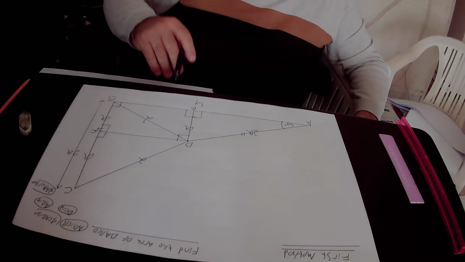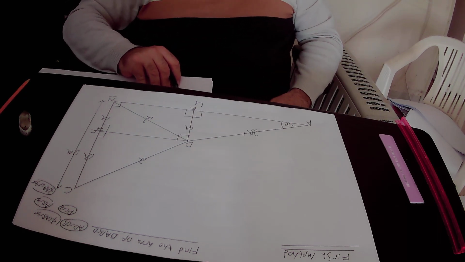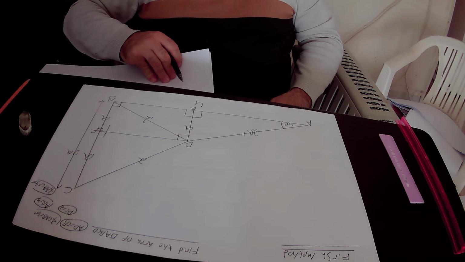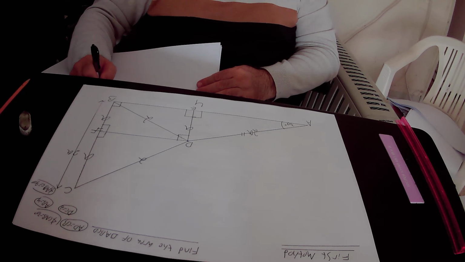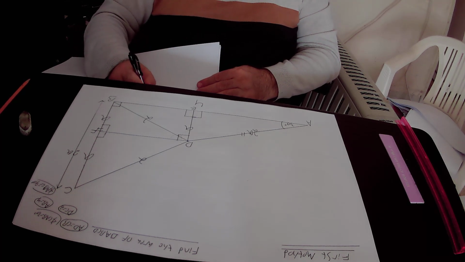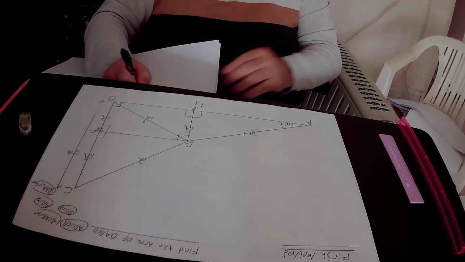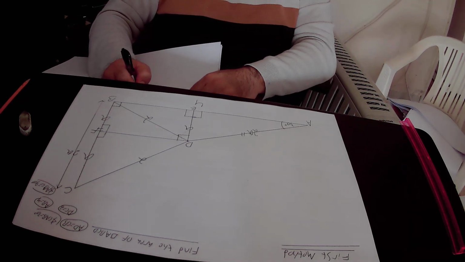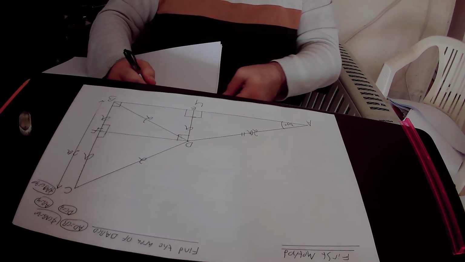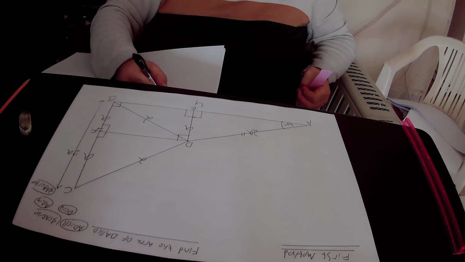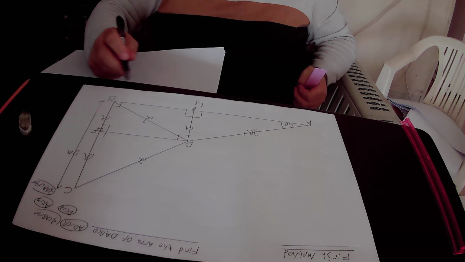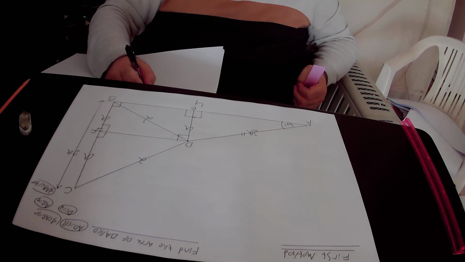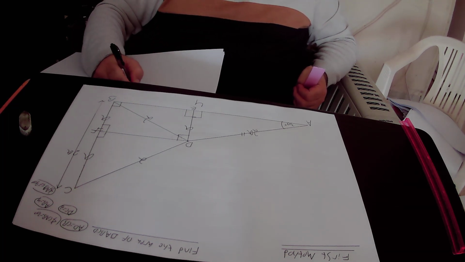So according to the Pythagoras theorem, in the right triangle DEB, DE square plus EB square equals DB square.